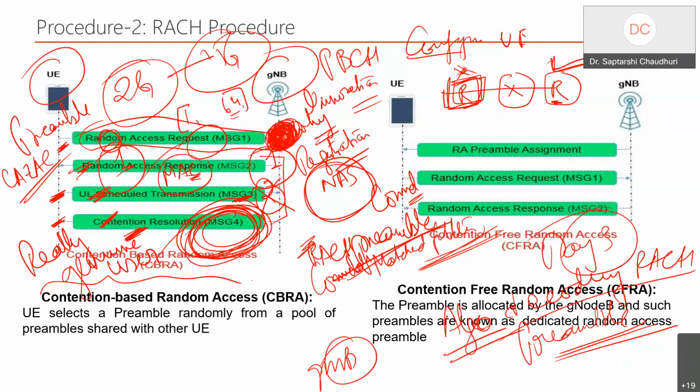So if my deciphering algorithm is wrong, then you can imagine that if the mobile has sent 1 and I have detected 2, and I try to do a contention resolution with 2, the mobile will know that, okay, I didn't talk to the network, and it will again send RACH. It means a wrong detection has happened in my network because of a bad algorithm.